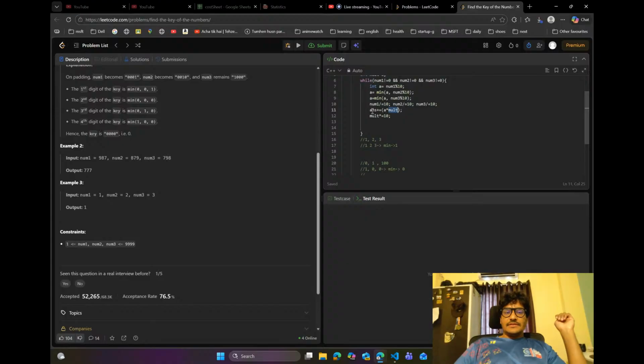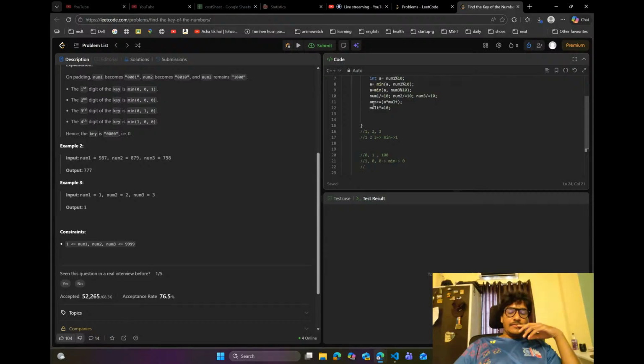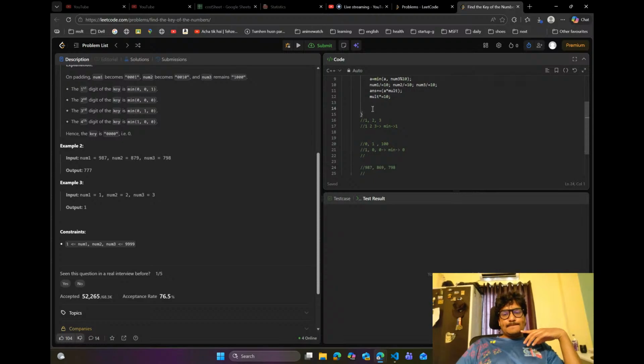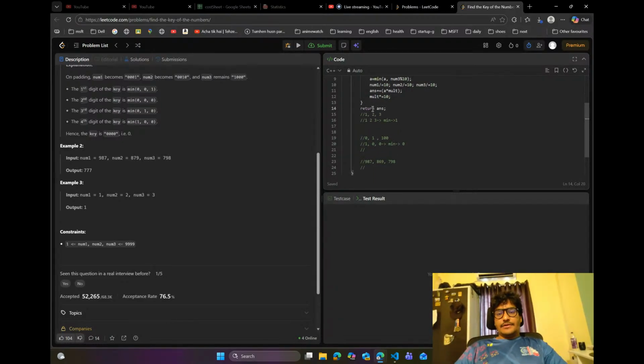Answer becomes 67. Now let's say comes 7 again. The multiplier becomes 100, 7 into 100, 700. Now 767. And ultimately, we would return the answer.